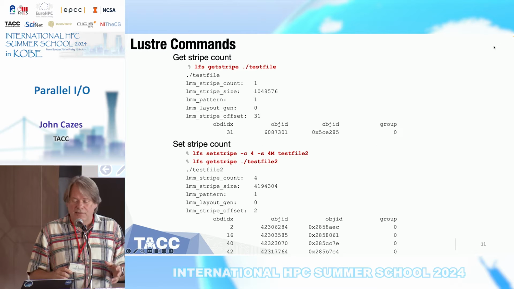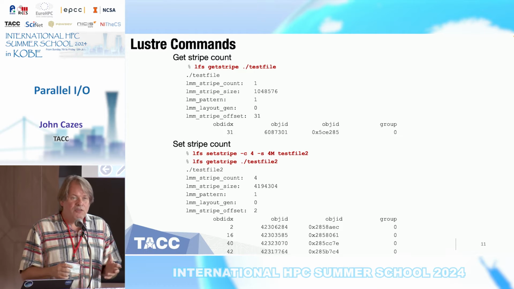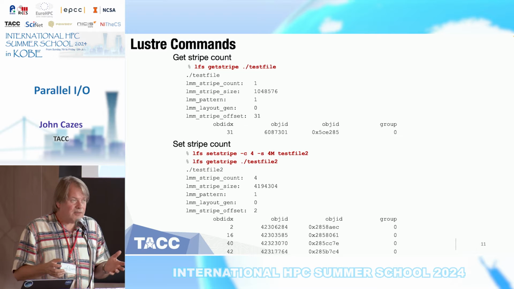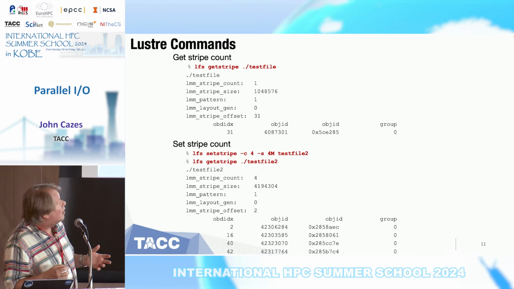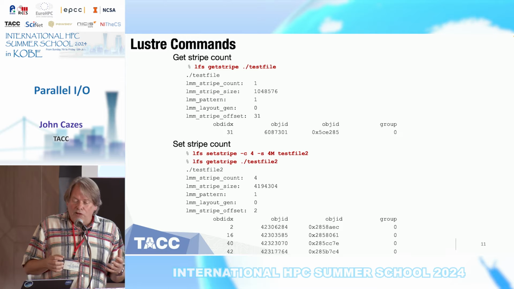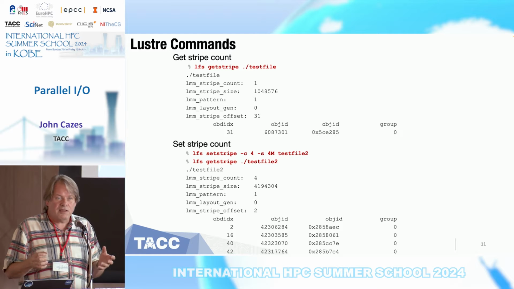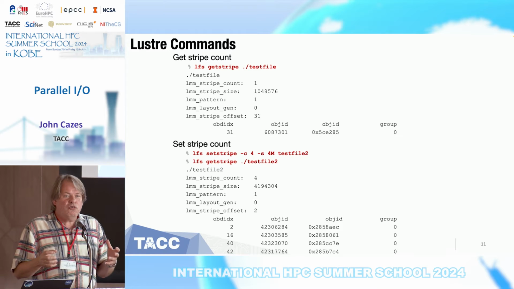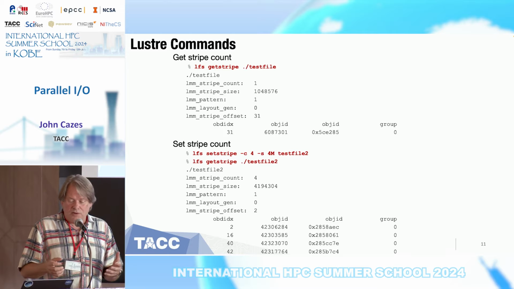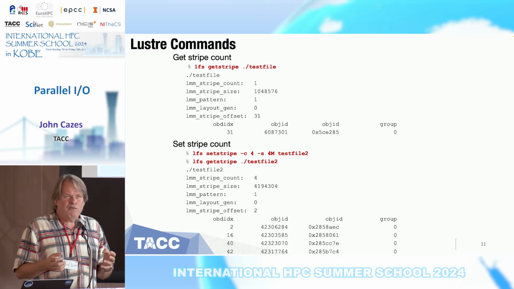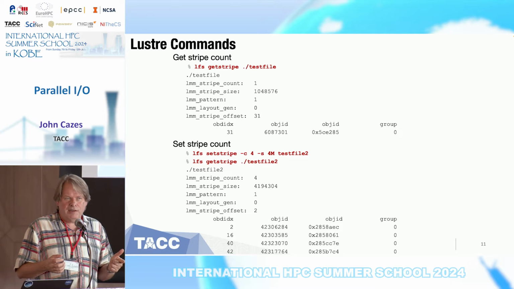Here's an example of some of the commands you can use on a Lustre file system to get information about your file, and how you can set the stripe size and the stripe count, so you can determine what the file system is going to do and how you're going to use it. This is, as far as I can tell, fairly unique to Lustre and BeeGFS.